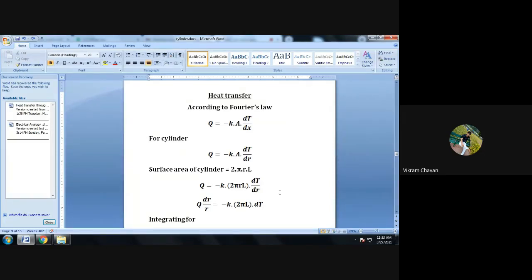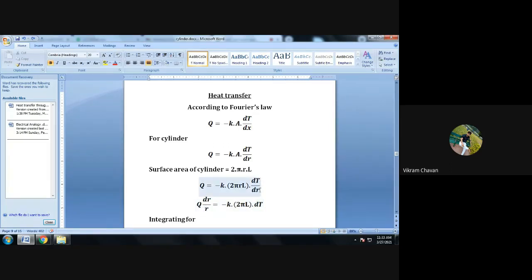For that reason, we have to separate these two variables. We have taken r and dr on one side, and we have kept dT on the other side.